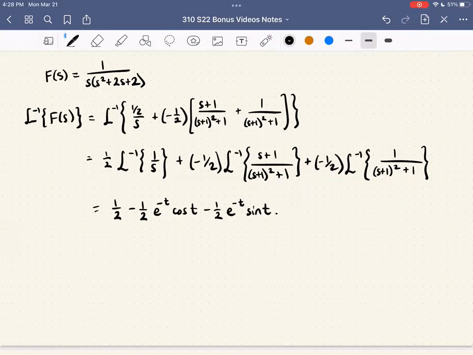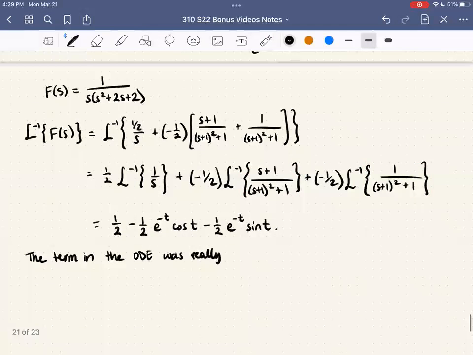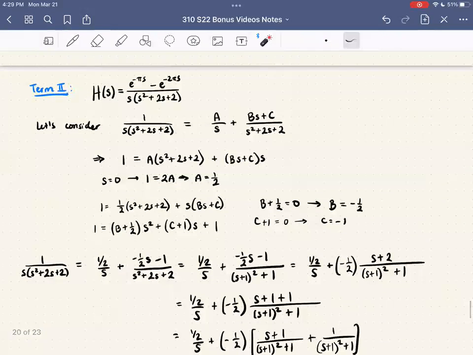Now this wasn't the full term on the right-hand side, or the full term 2 that we had underlined. The term in the differential equation was really, if I scroll back up, e to the negative pi s minus e to the negative 2 pi s times this term that we just found the inverse Laplace transform for.